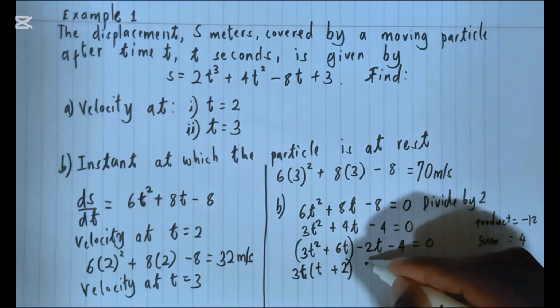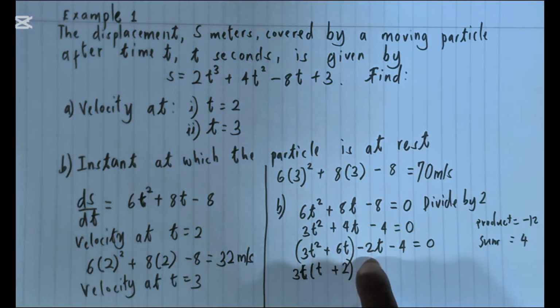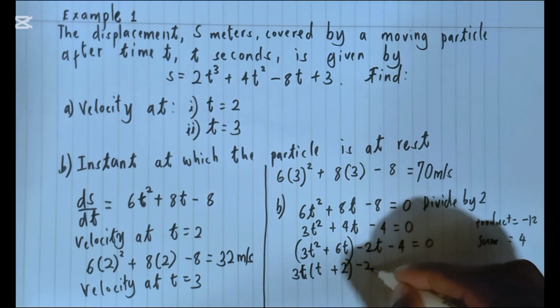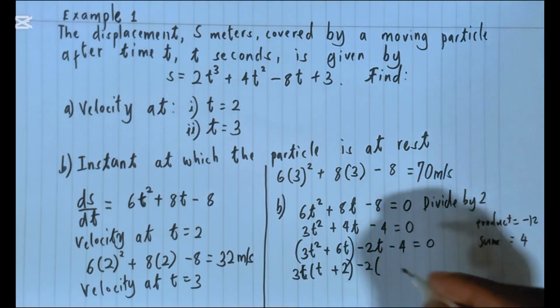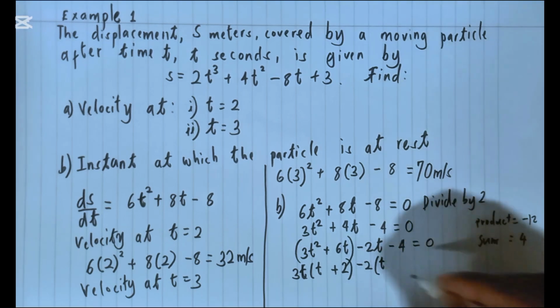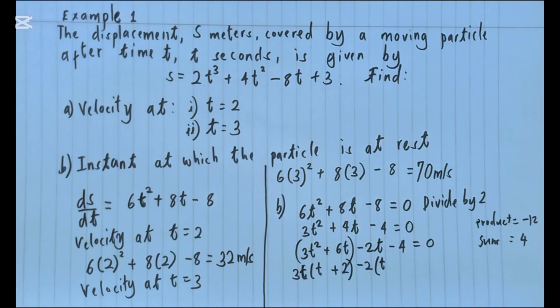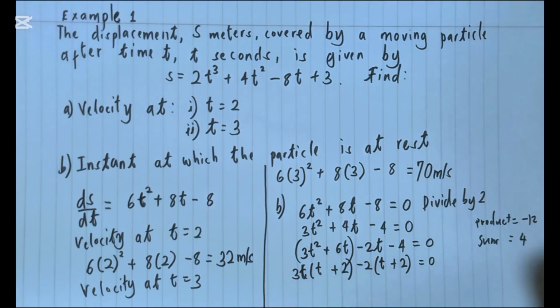And in the second pair, the common factor is -2. So when you take -2t divided by -2, you get t, and -4 divided by -2 will give you positive 2, and that is equal to 0.